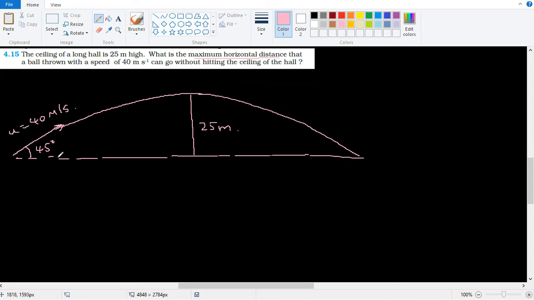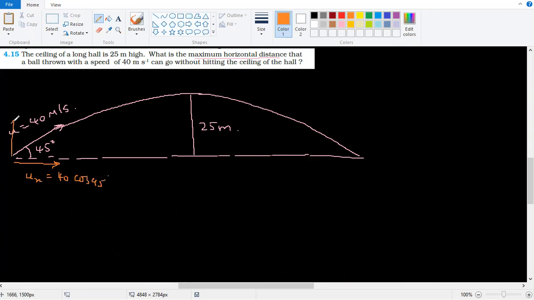They're asking you to find this distance. So any idea what I can do? I know h max, so I know the height in the y direction. I can find the y direction initial velocity, right? So I can say that ux is equal to 40 cos 45.